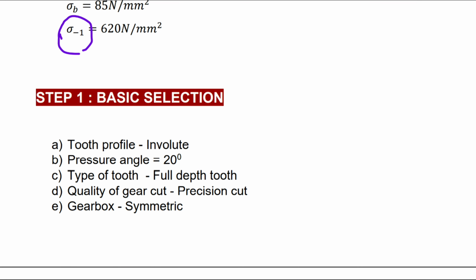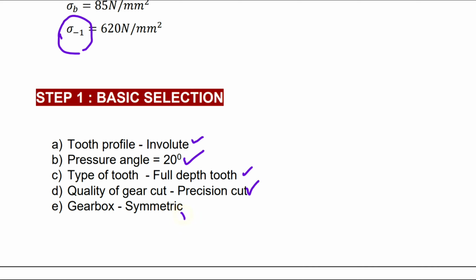Now we will move to step number 1, which is the basic selection. This basic selection will be common in all spur gear designs. The first parameter is tooth profile, which will be involute. Next, pressure angle, given in the question, is 20 degree. Type of tooth will be a full depth tooth, and quality of gear cut is precision cut.